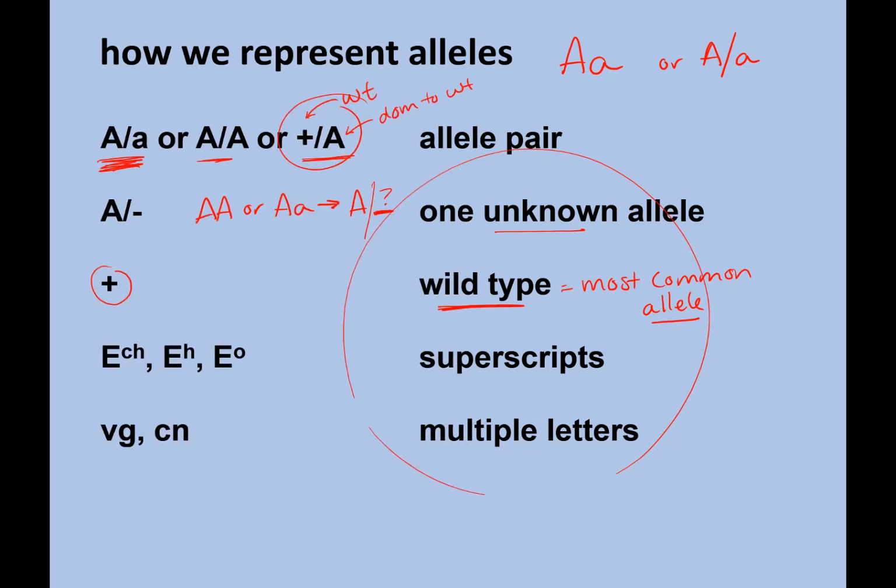The point I'm going to make here is that you have to be very careful and accurate when you are representing your alleles. And I'm going to ask you to always define your alleles so that I can understand what you're talking about when you show me work on a genetics problem.